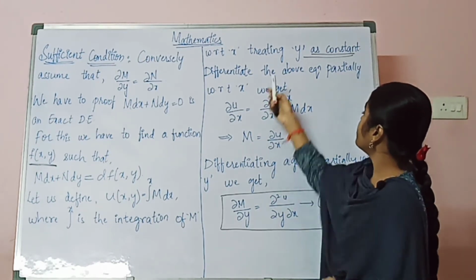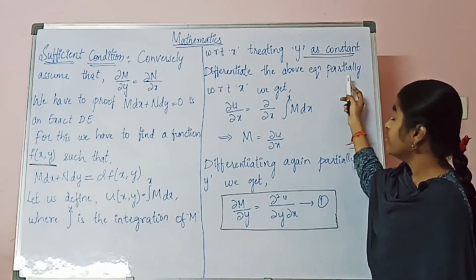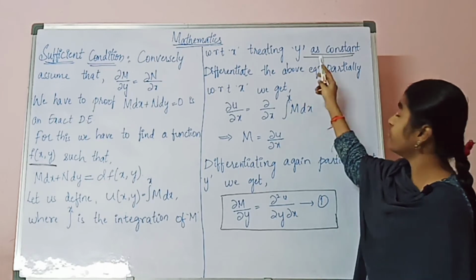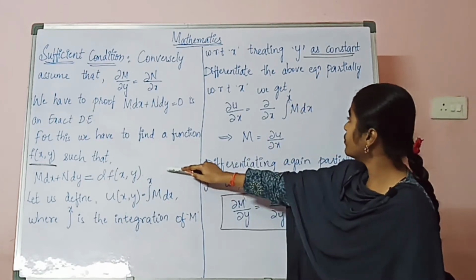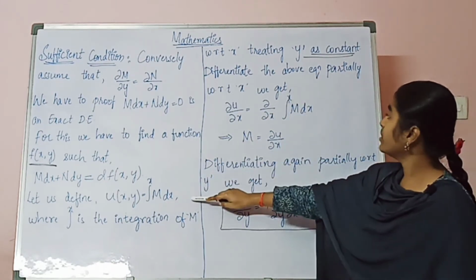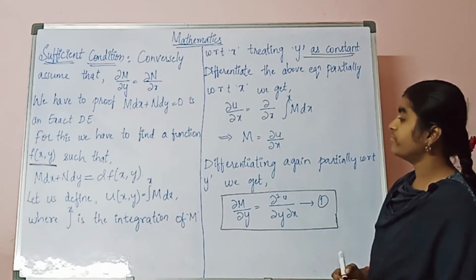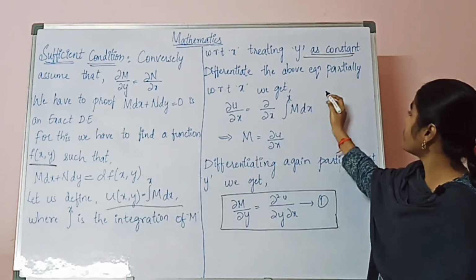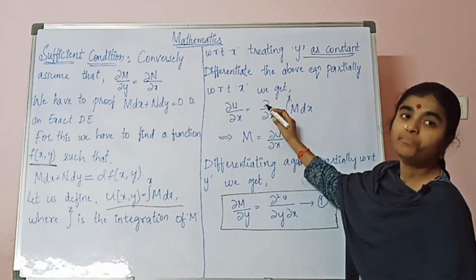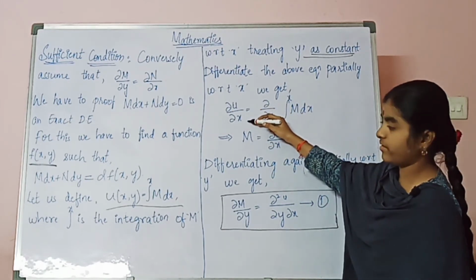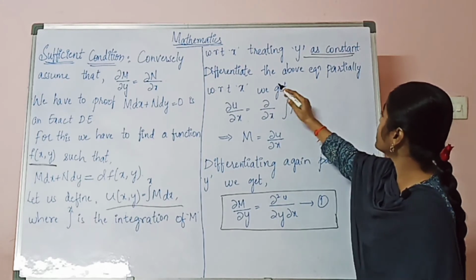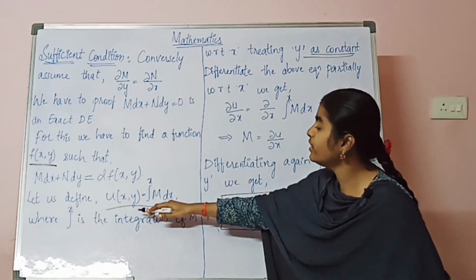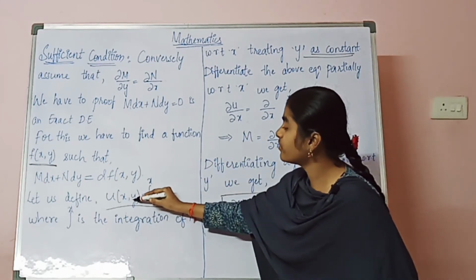Now differentiate the above equation partially with respect to x. Then we get dou u by dou x, with y constant.